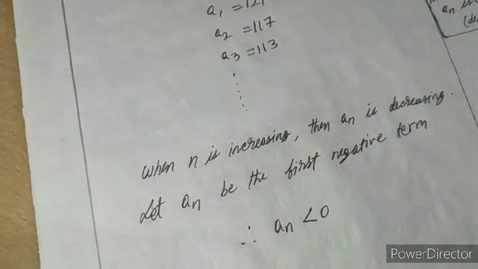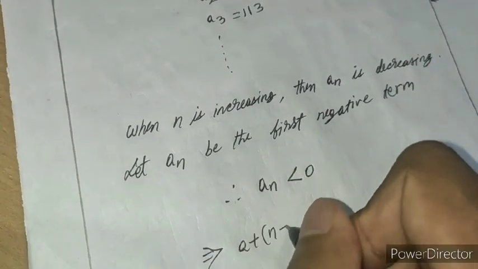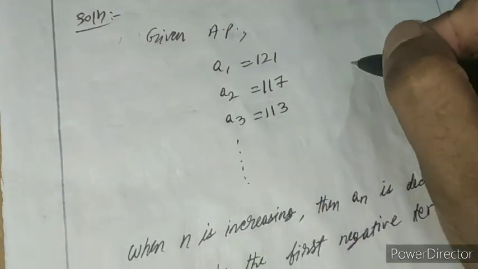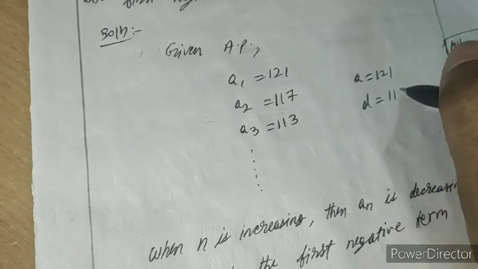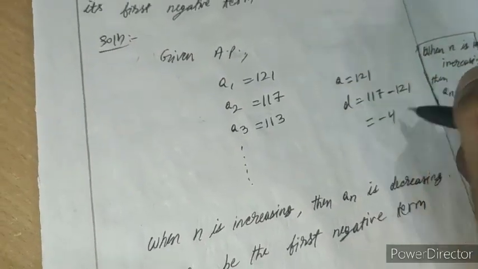Now put the formula. What is the formula? a plus (n minus 1) into d is less than 0. Here a is 121 and d is equal to 117 minus 121, that is equal to minus 4.